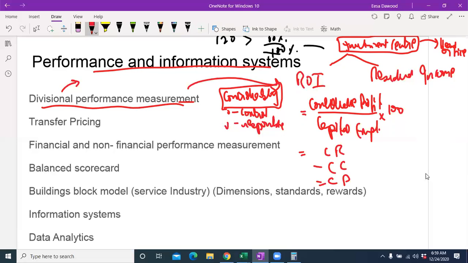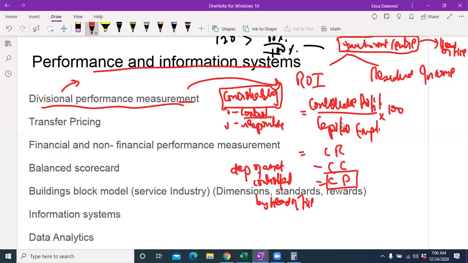He cannot do that. So if we are going to charge the depreciation of assets that are controlled, not owned, by this division but controlled by head office, it definitely won't be a controllable cost for him. And if we deduct that cost, it is going to impact his profit and definitely his return on investment. So whenever you are assessing the performance of a manager, you need to base it on what he could control.